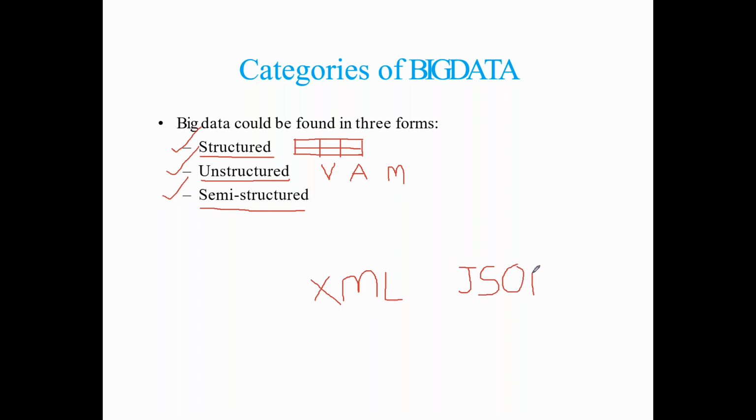Guys, you may not be able to understand these two terms for now, but we will deal with them with respect to the hands-on in the coming sessions. That's where it will make more sense to you. So in a nutshell, there are three categories of big data: structured data, unstructured data, and semi-structured data.